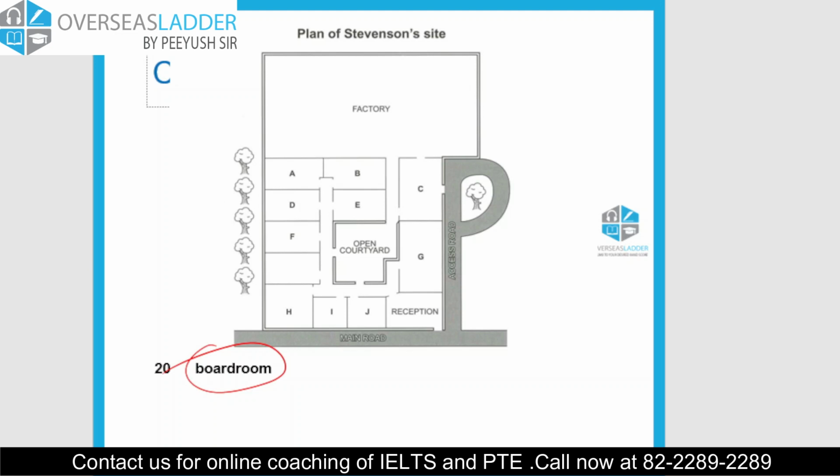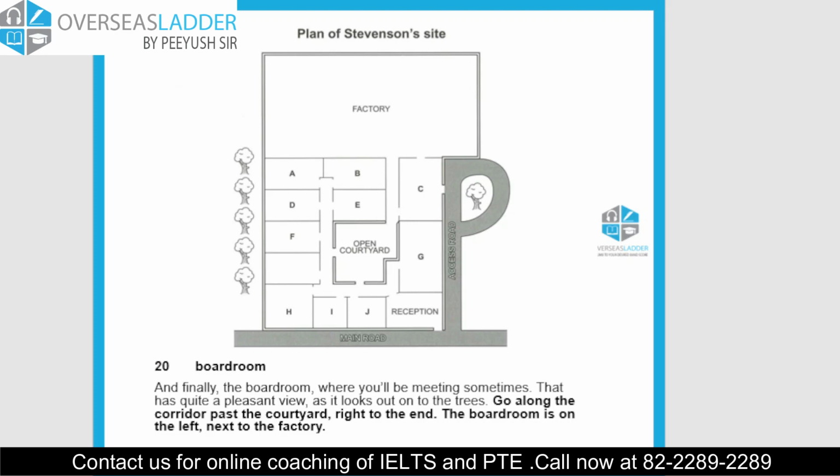Okay, so it says next to the factory on the left. I hope it is clear, but let's make things clearer. It says go along the corridor past the courtyard. So this is the corridor. You have to go past it right to the end. Right to the end means you have to go to the end.